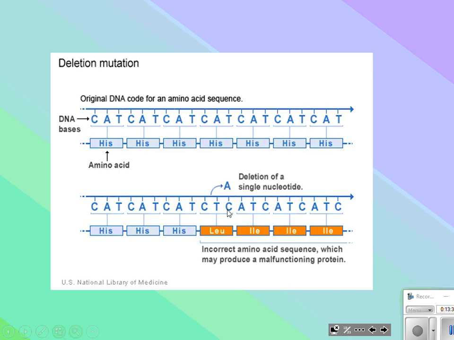So now instead of CAT, my codon is CTC. Then I have ATC and start repeating a lot of ATCs. So the amino acid sequence is different because I removed that one base.